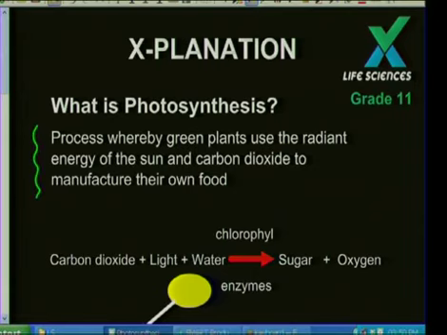Photosynthesis is the process whereby green plants use the radiant energy of the sun and the carbon dioxide to manufacture their own food. Remember when we explained the word photosynthesis just now? Photo, using the light to synthesize something. What's that something? Food.